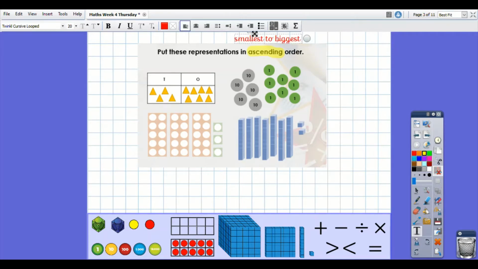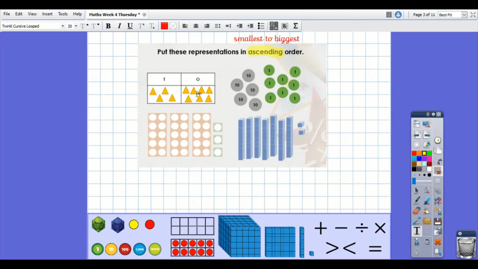So that's what I'm doing. I'm putting my numbers in order from smallest to biggest. But what I need to do is work out what each of these representations are showing as a number. So I will do the first one, then I want you to pause and work out what each number is, and then come back and we'll put them into order.